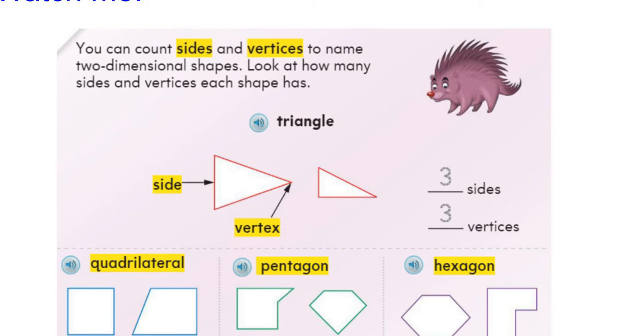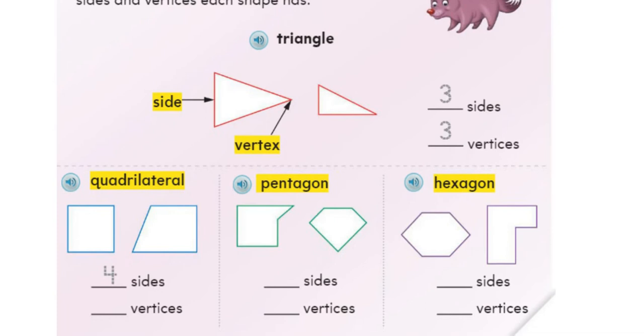So I'm going to come down just a little bit here. Okay, so a quadrilateral has 4 sides. It also has 4 vertices.